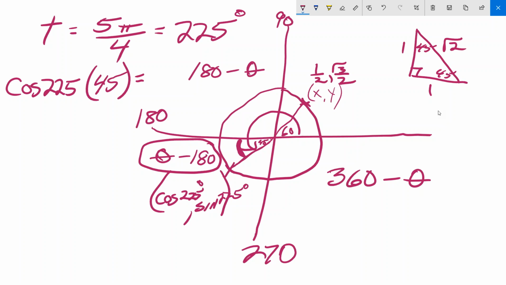Okay, now, has your teacher given you enough information yet to know whether you need to rationalize that or not? Has he told you he doesn't need you to rationalize these? Well, if I rationalize it, that becomes root 2 over 2.